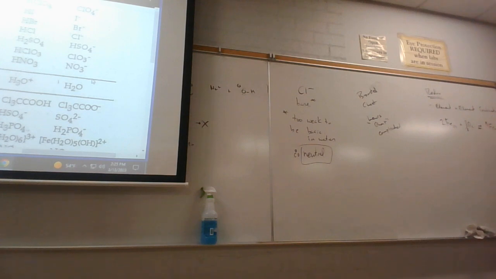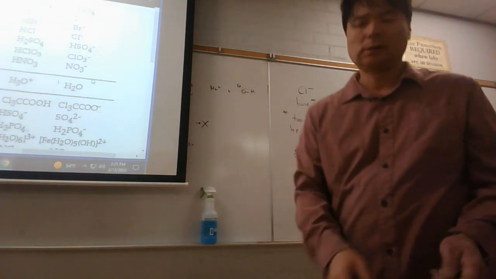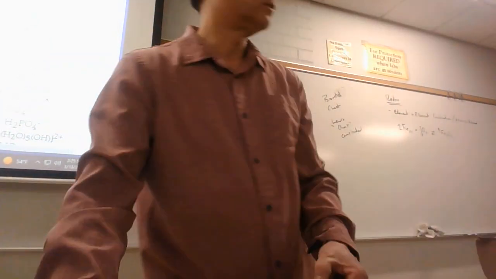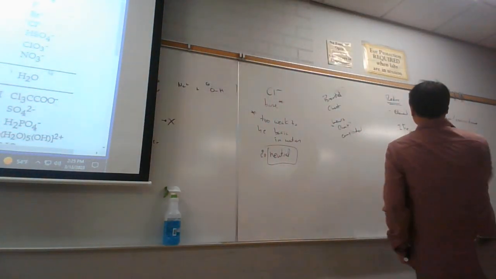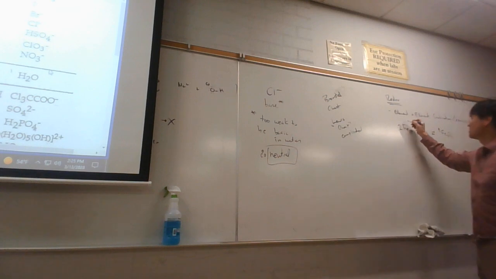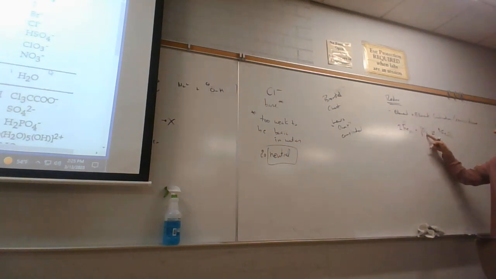This is a redox reaction because iron, what's the oxidation state in elemental form? 0. So the oxidation state of iron is 0. What's the oxidation state on oxygen? 0. Elements in elemental form have oxidation states of 0.